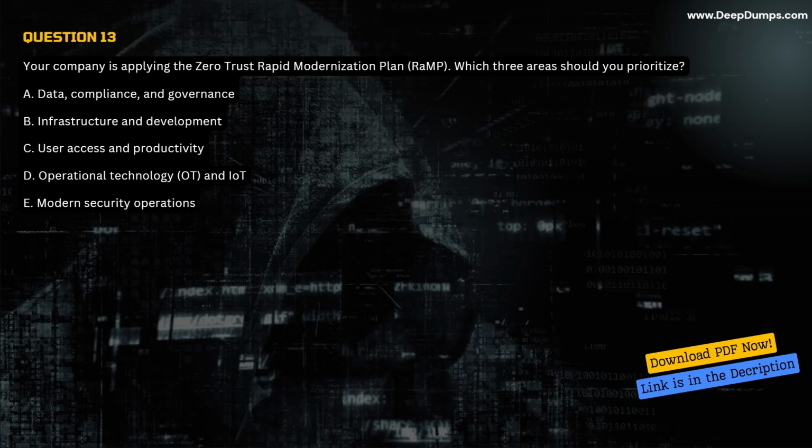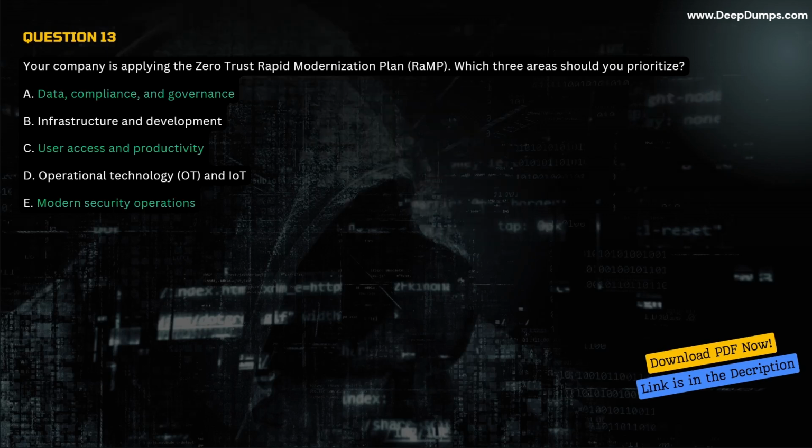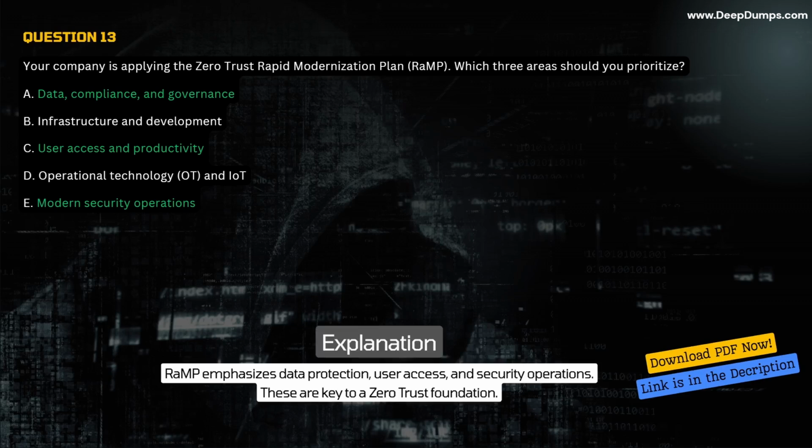E. Modern security operations. Correct answer A, C, and E. Data, compliance, and governance. User access and productivity. Modern security operations. Explanation: RAMP emphasizes data protection, user access, and security operations. These are key to a zero trust foundation.